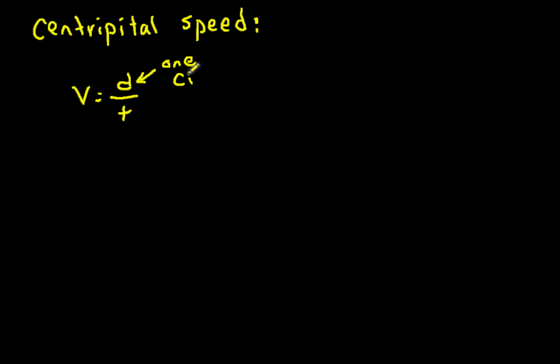We can use the concept of period and frequency to look at the idea of centripetal speed. Since speed is distance over time, and distance for an object traveling in a circle is one circumference, one full distance around the circle.